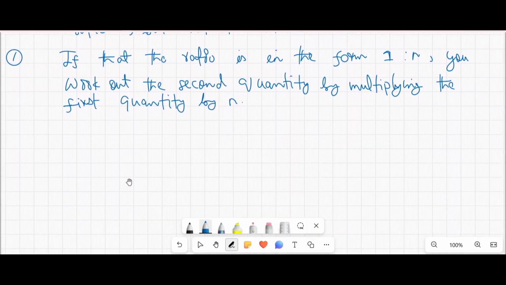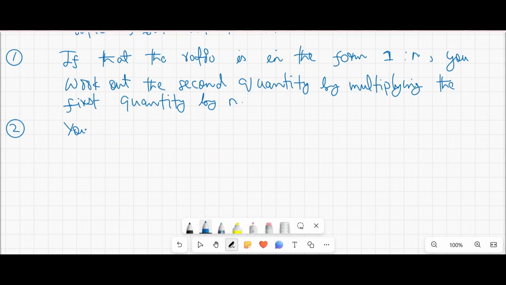Now the second point is that these are both conditions.